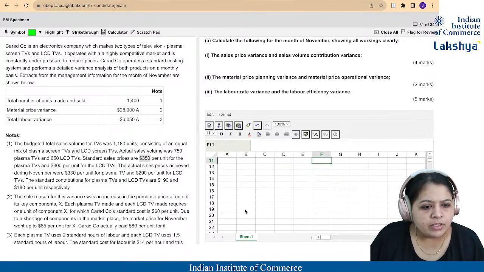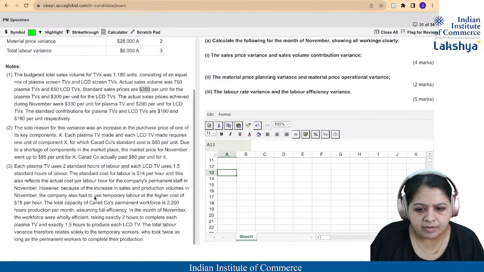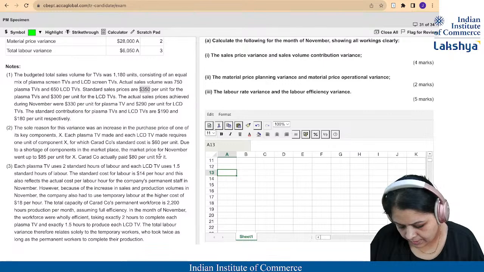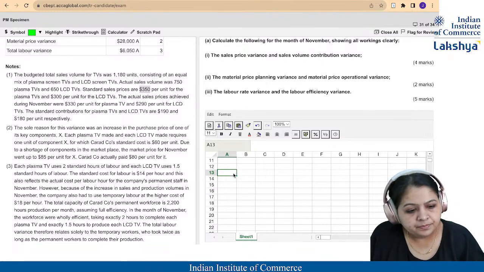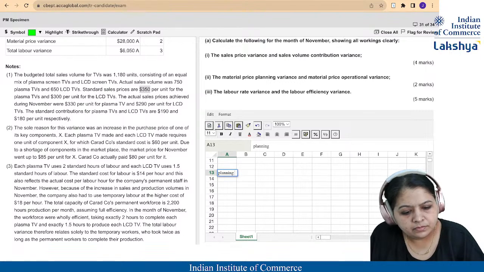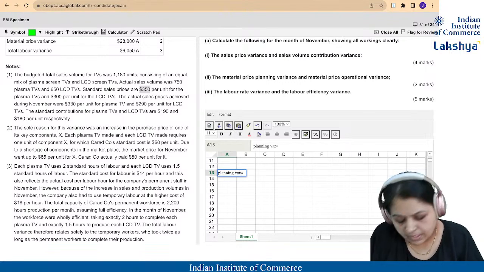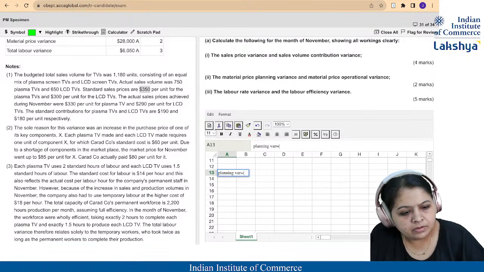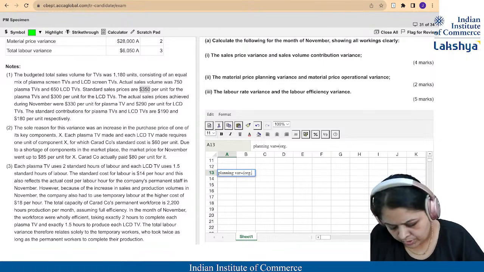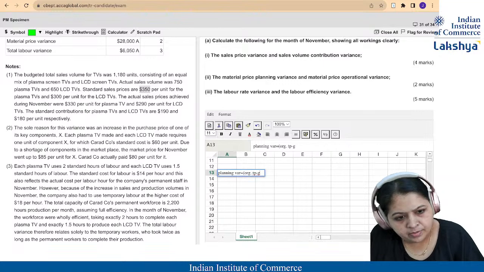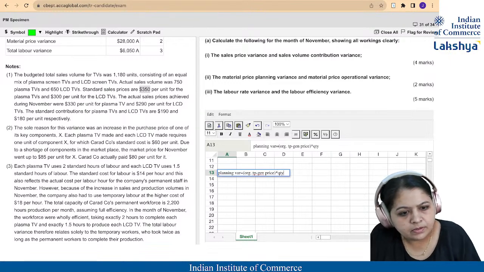We need to find out the material planning and operational variance. For that, we can look at this value, the second one. When we talk about the planning variance, it is the original target price minus the general price, multiplied by the quantity.